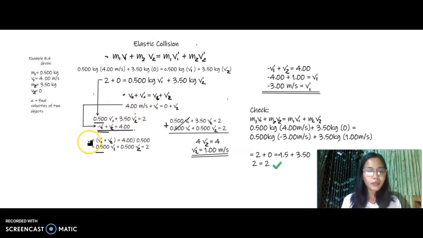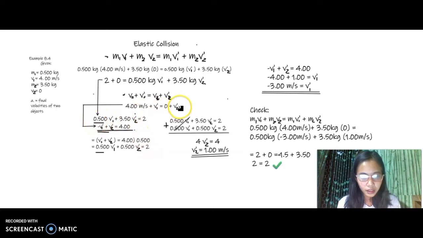So after that, we're going to multiply this by 0.500, which is our mass 1. So that would be 0.500 v prime 1 plus 0.500 v prime 2 equals 0.500 times 4 is 2, so equals 2. Now we're just going to copy here and here to get the sum.